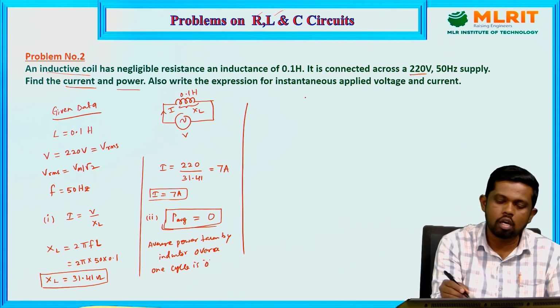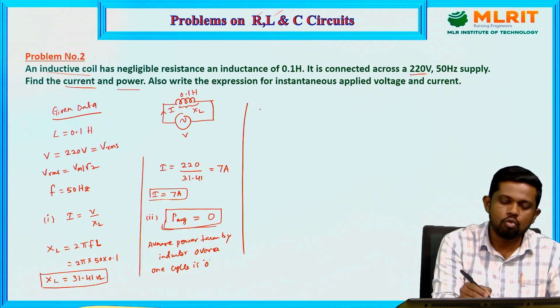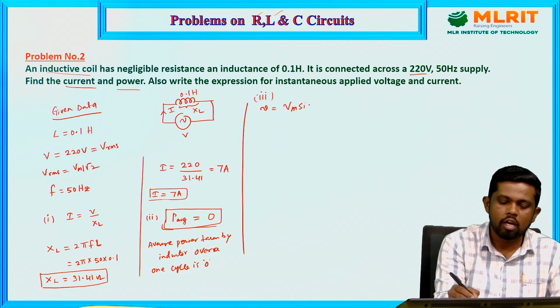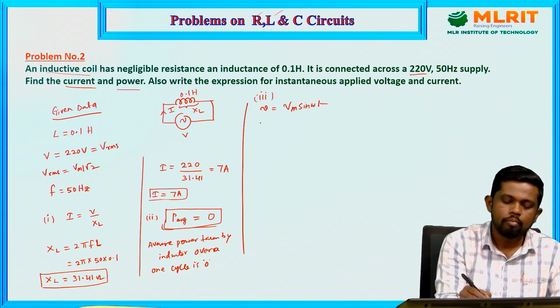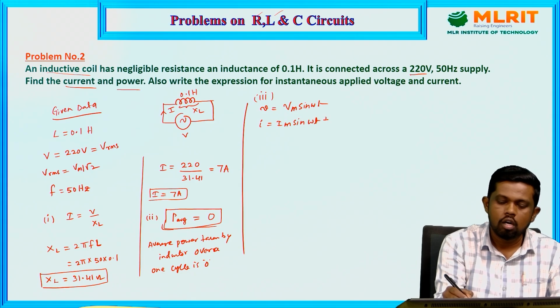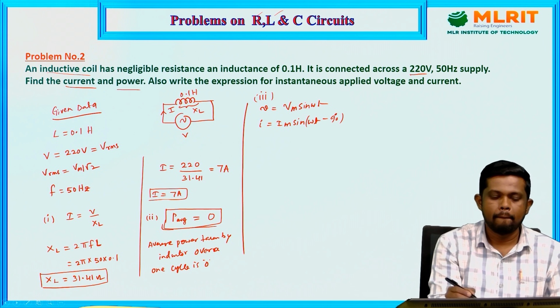Then the third one asks about the instantaneous values of voltage and current. That is question number 3. V equal to Vm sine omega t, then I equal to Im sine of omega t minus phi. We don't know the exact angle, actually we know the angle, that is exactly 90 degrees, pi by 2.